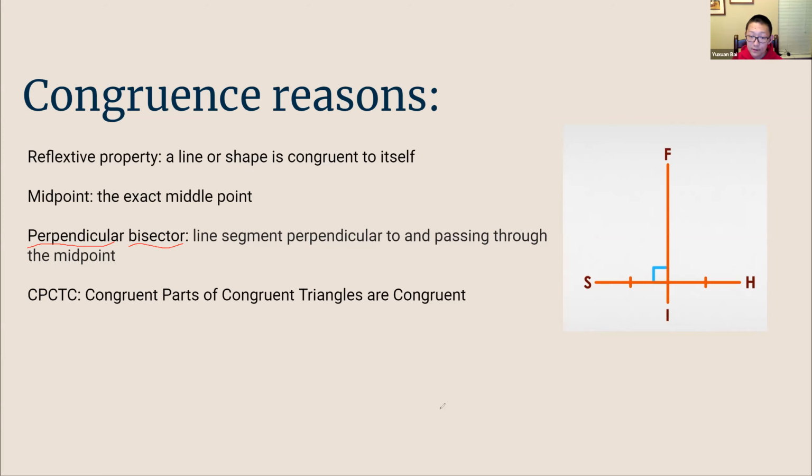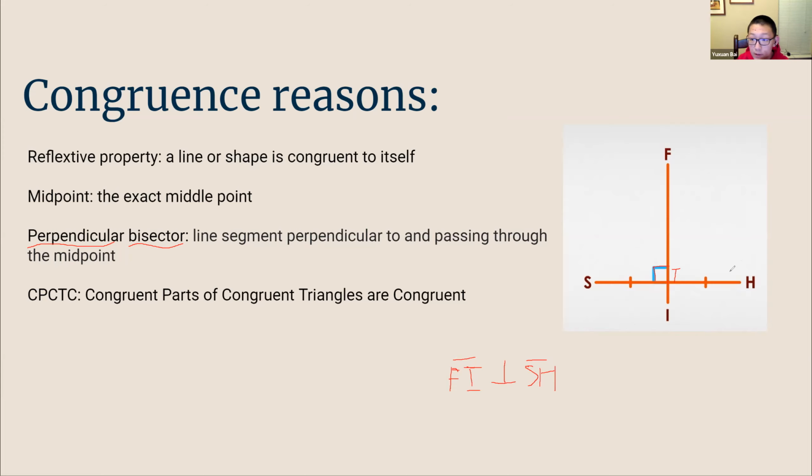So if we look at the line segments FI and SH, they are perpendicular to each other because they intersect each other at T and they form a right angle right here. The way you can write that in shorthand is to draw this symbol. This symbol means perpendicular. FI and SH form a right angle when intersecting with each other.